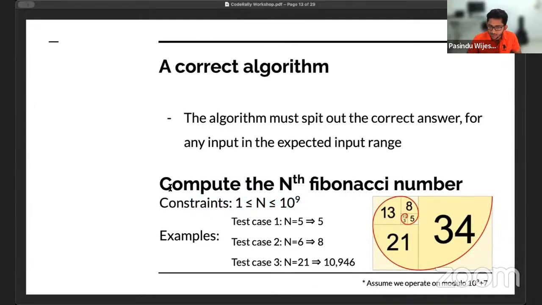For example, here we have been asked to compute the nth Fibonacci number under the constraint that n is between 1 and 10 to the power 9, right? So it is okay if your algorithm fails in computing the 10 to the power 9 plus 1 Fibonacci number or the 0th Fibonacci number, because as long as you are correct within this range, that's enough. That's the boundary that you have to consider when you're coming up with the solution.